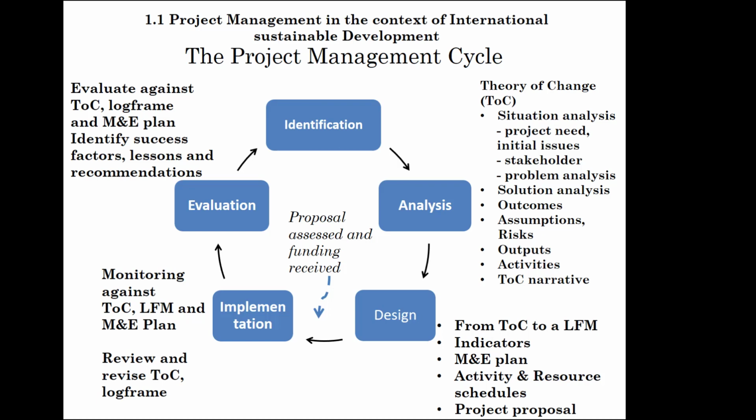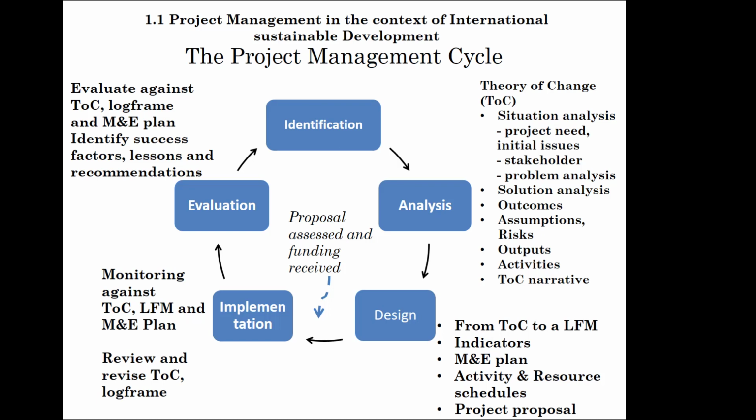From there on, we will then move to the design phase of the project cycle management, where we translate this theory of change to a log frame matrix that is composed of indicators as well according to each result that we then need for setting up a monitoring and evaluation plan. So basically what I have explained to you in the introductory session recorded previously.